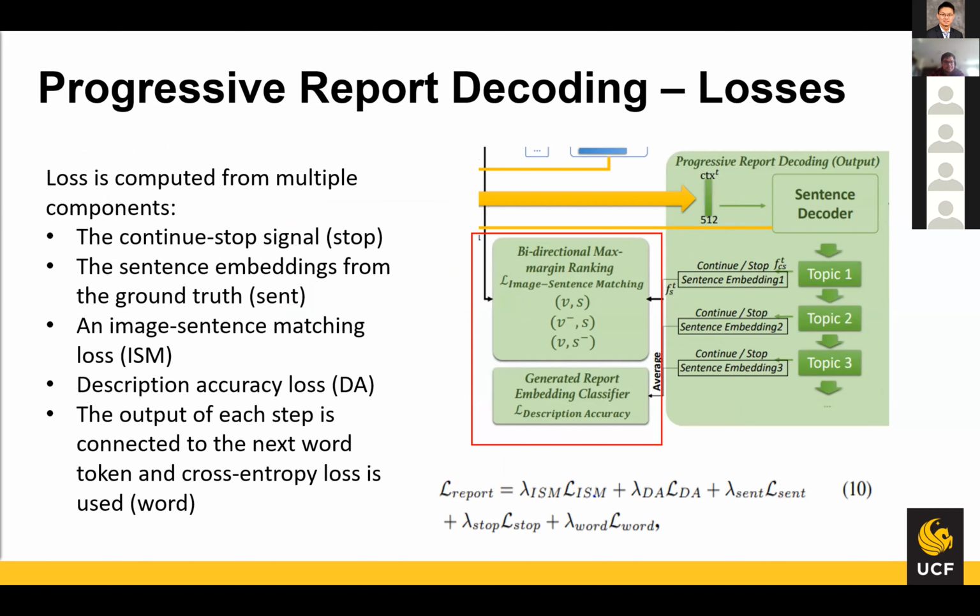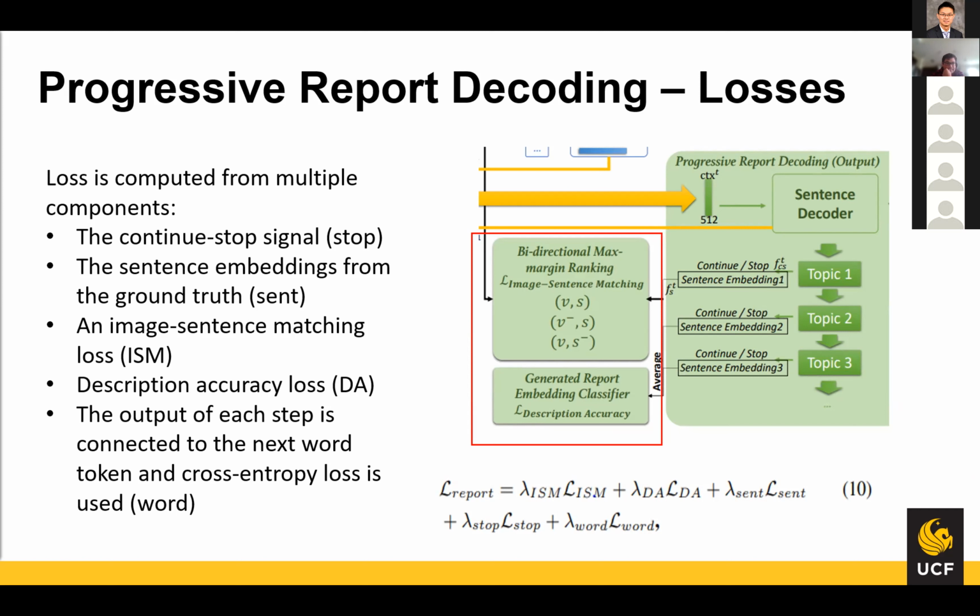There were also 4 unique loss functions used in this paper. So it was computed from multiple components like the continue stop signal, the sentence embeddings from the ground truth, which were just called the sentence loss, an image sentence matching loss, the ISM loss, and then from the description accuracy, there was another loss computed there as well.